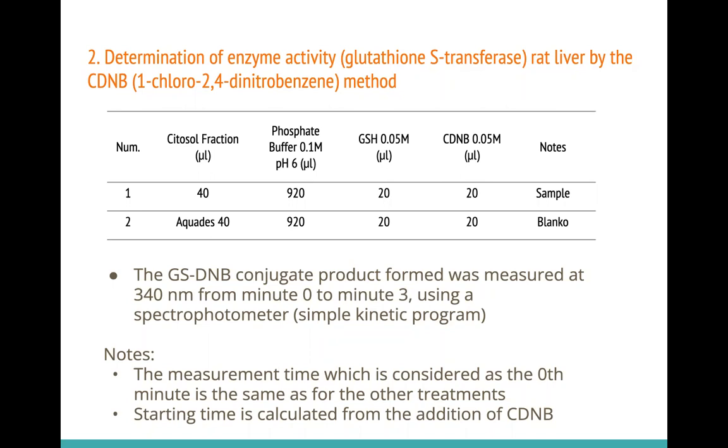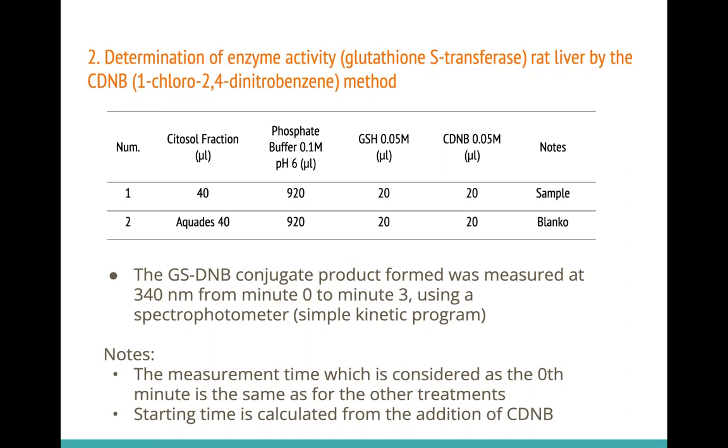As you can see in the explanation of the experiment, you are going to prepare two flasks. One is cytosol fraction, and the other one is distilled water, and put 920 phosphate buffer, and then put 20 microliter of GSH and 20 microliter of CDNB, and then the last one is add the cytosol fraction for sample and distilled water for blank.